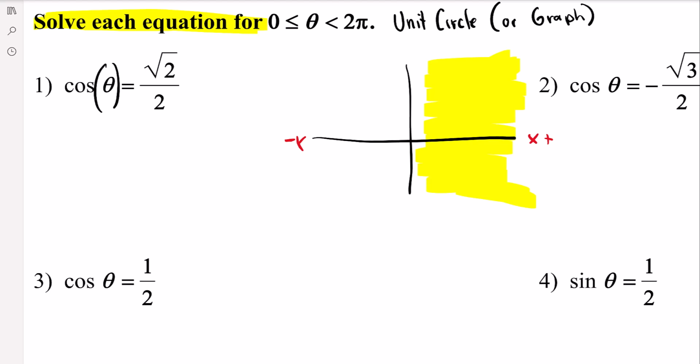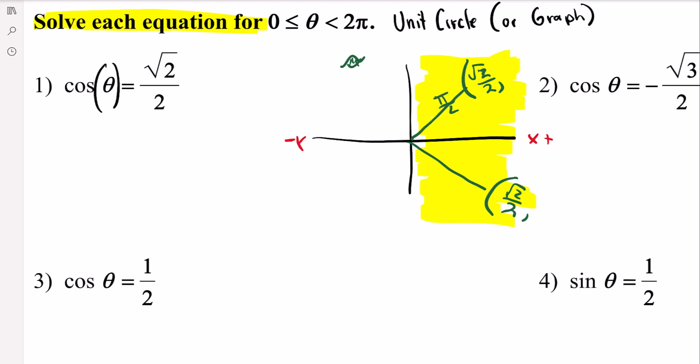Well, it would be in the first, right? If your eyes were on your unit circle, you would see the x value of root 2 over 2, and the x value there, positive root 2 over 2. And on the unit circle, you would see, well, that's pi fourths.